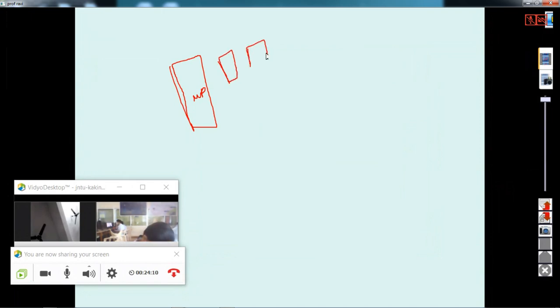As a programmer, you have to know the programming model. The memory you are writing into is the RAM, and this RAM is also divided into two banks: this is the even bank, and this is the odd bank.